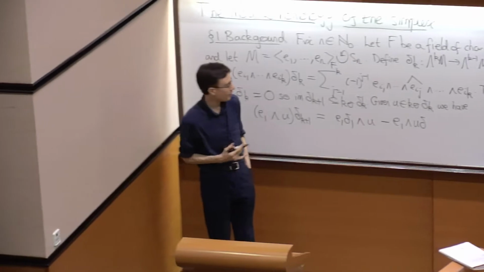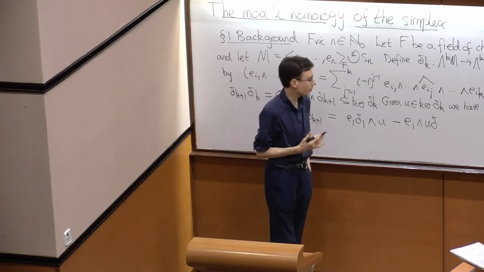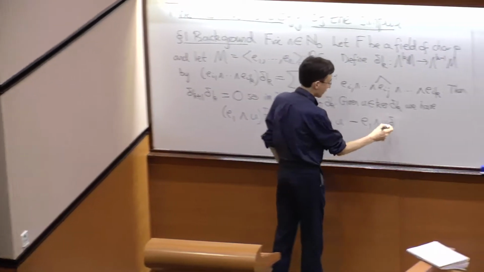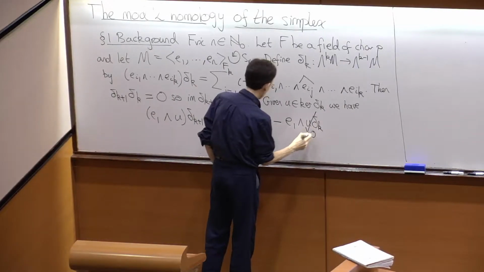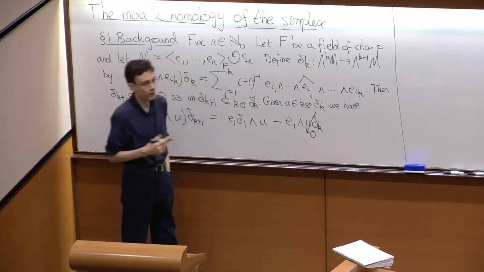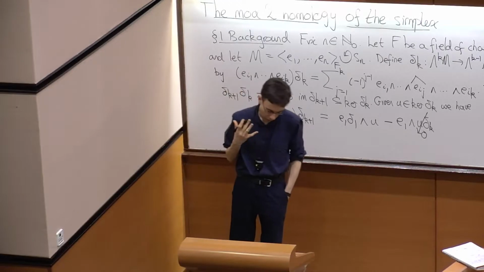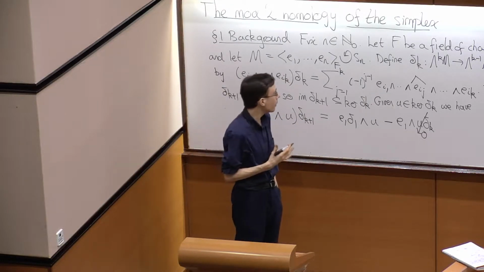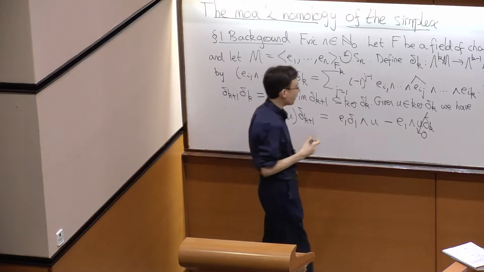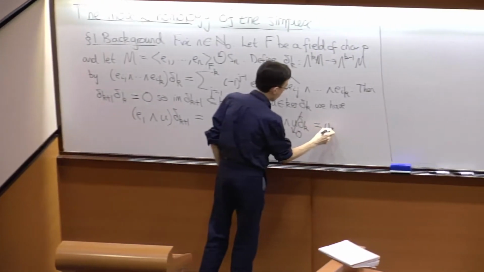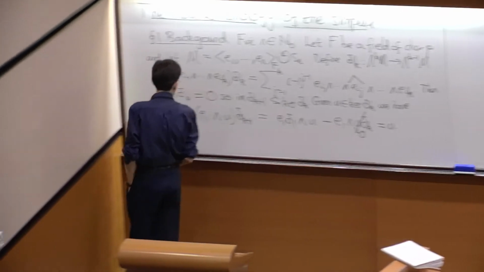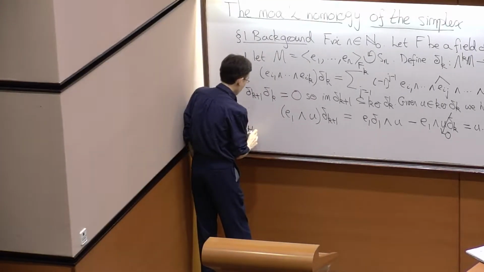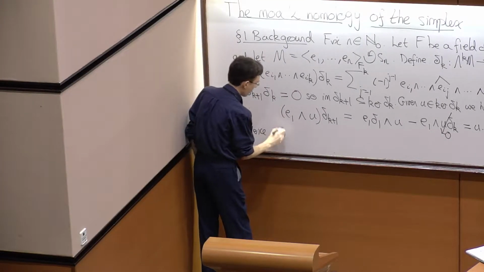But we don't really have to worry about the sign very much because, of course, u is in the kernel of delta k, so this becomes 0. e1 delta 1 is, you could think of it as, the 1 in the field spanning the 0th wedge power. So this is simply u. So this shows that the image and the kernel coincide.